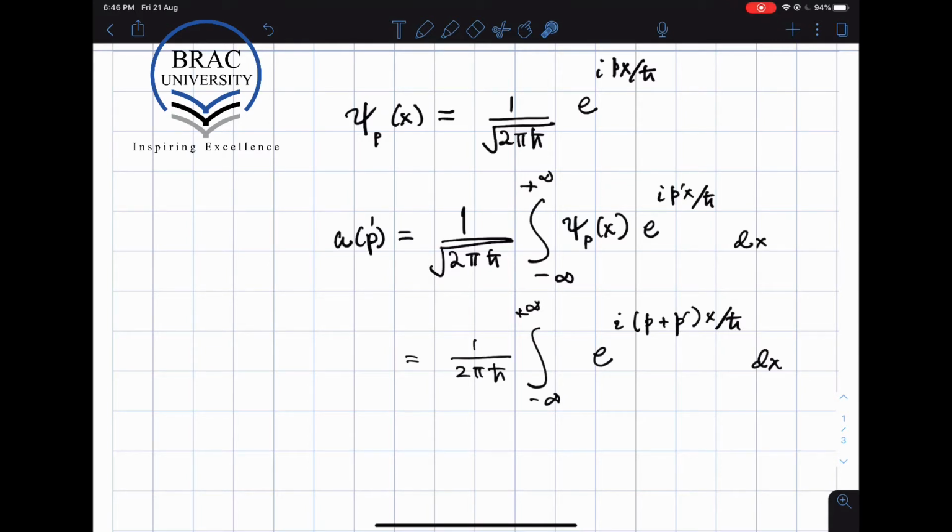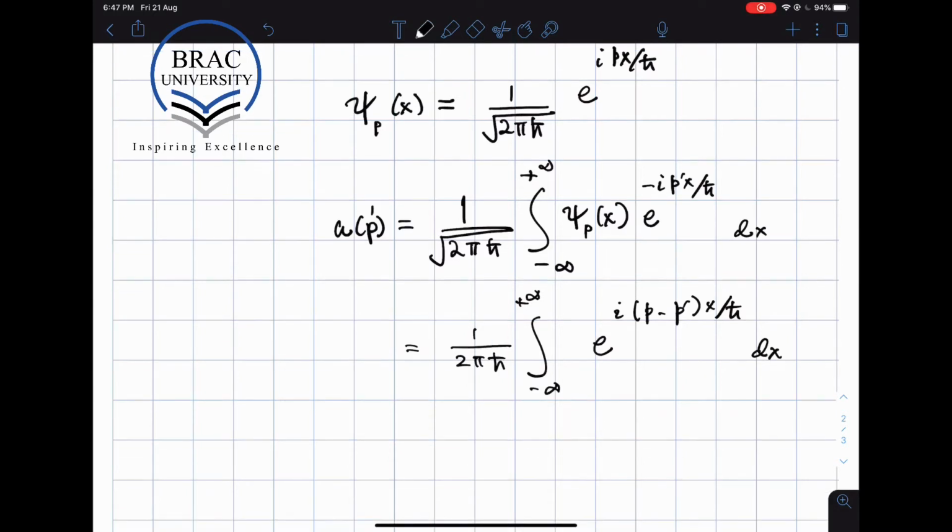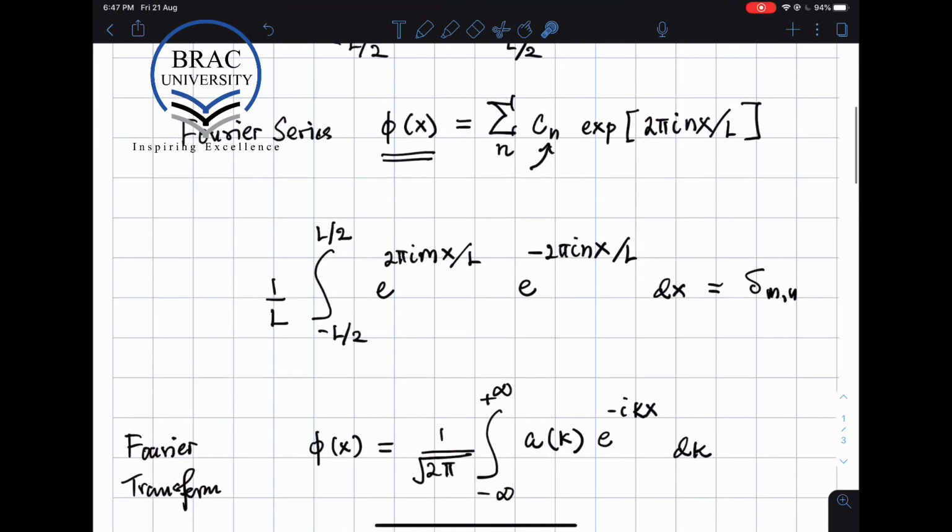So just for the sake of convention, we are going to take this sign to be minus, although if it's plus, it also works out. We have to figure out a value for this that is analogous to this.